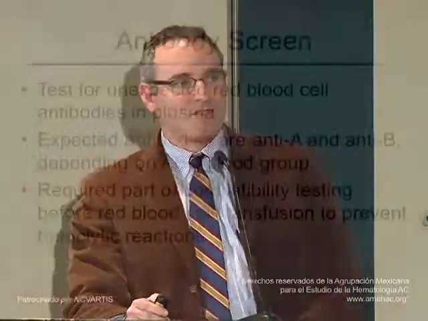So finally, to talk about unexpected red cell antibodies. The test to pick up unexpected red cell antibodies is the antibody screen. And it tests for unexpected red cell antibodies in patient plasma.